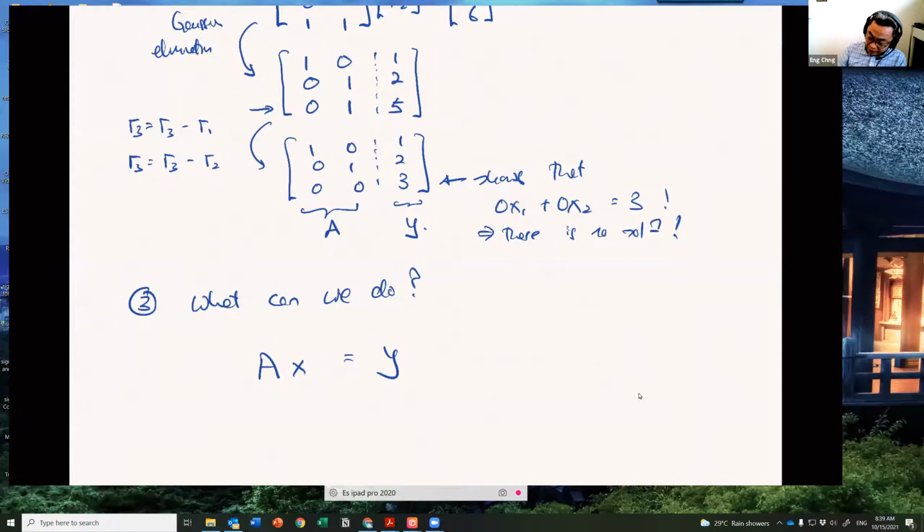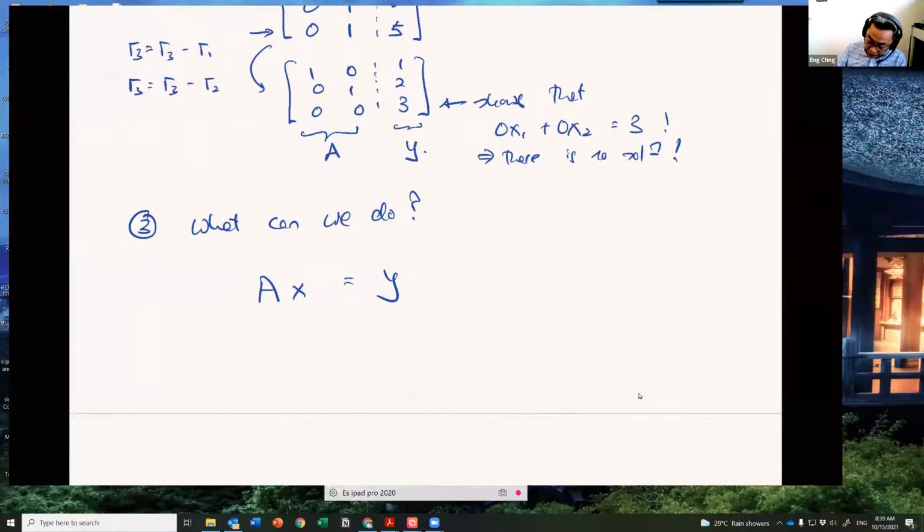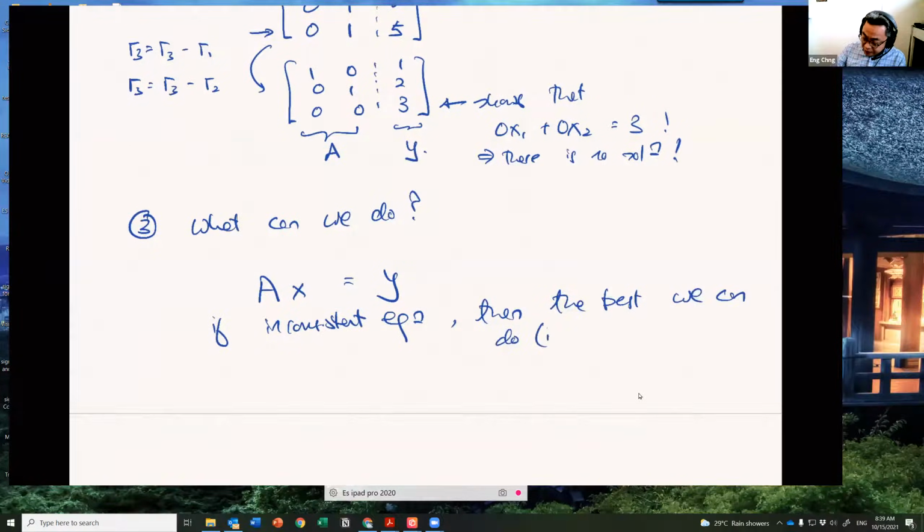But we know that if the system of equations is inconsistent, then the best that we can do in this course is called the least squares solution.